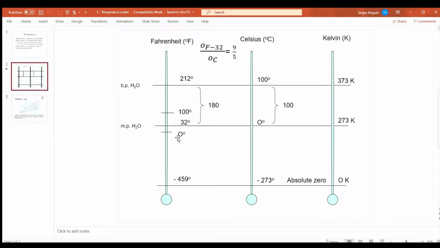Fahrenheit started by throwing his thermometer into random snow outside his house. Celsius, at least I kind of understand. He wanted to know whether water was going to freeze at a certain temperature or not, so he used the freezing point of water.